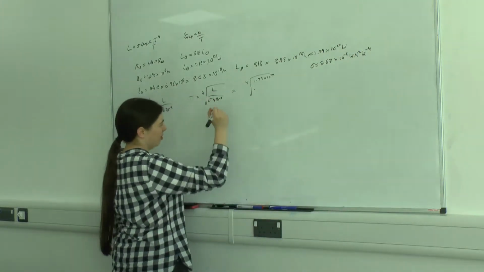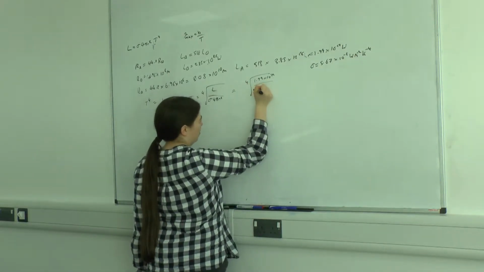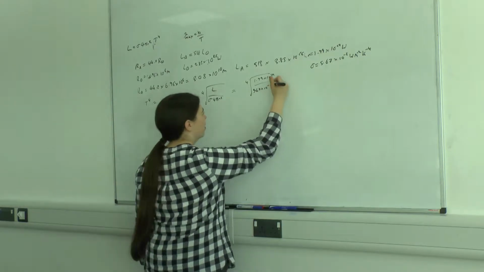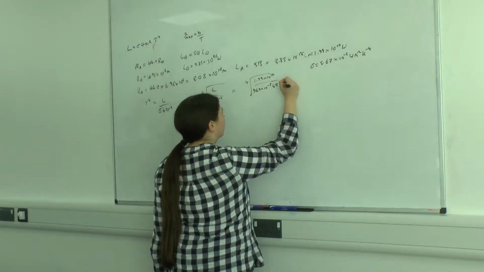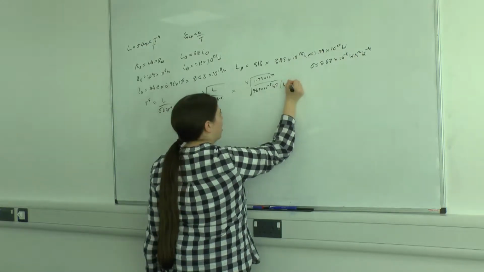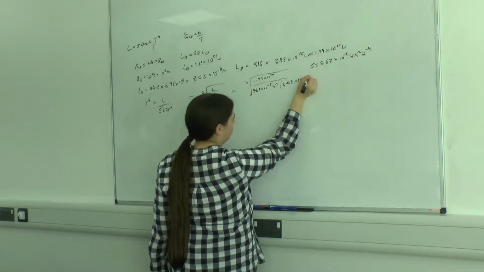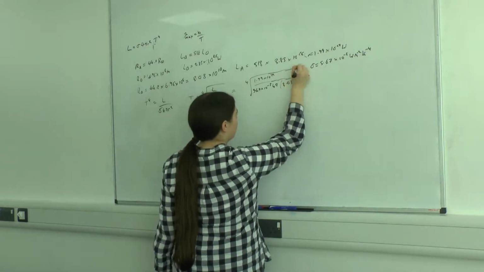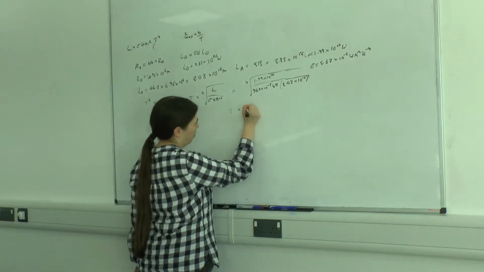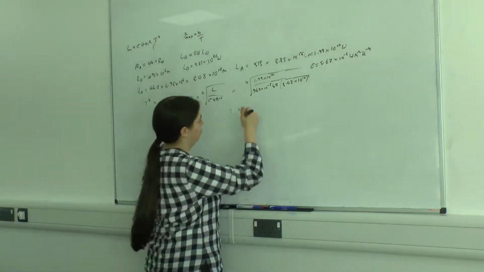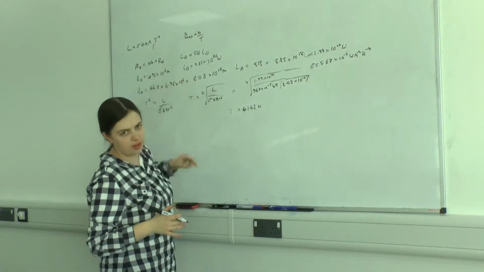So the temperature is the fourth root of 1.99 times 10 to the 29 over 5.67 times 10 to the minus 8 times 4 pi times 3.08 times 10 to the 10 squared. And you get out 4,142 Kelvin for this.